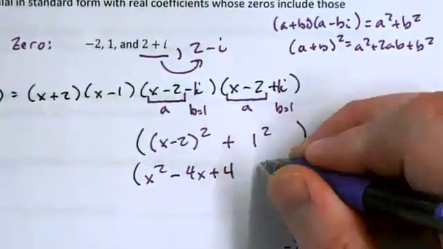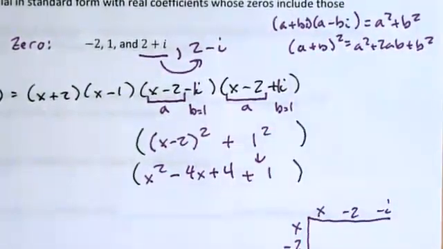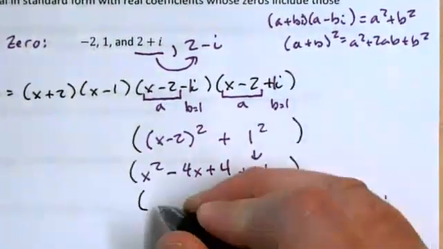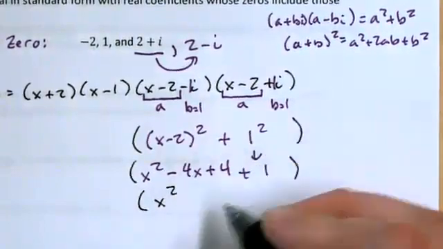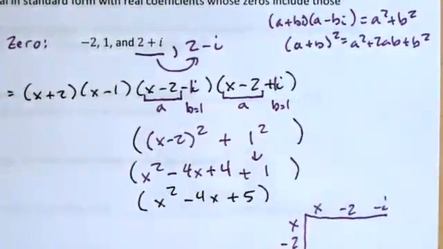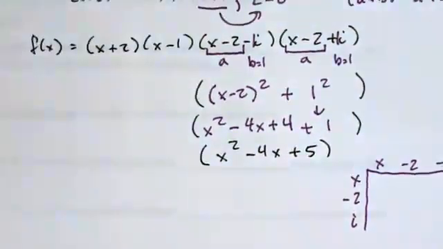And I still have this 1. So those two factors come together to give us x squared minus 4x, and then combining like terms, we have plus 5. X squared minus 4x plus 5.